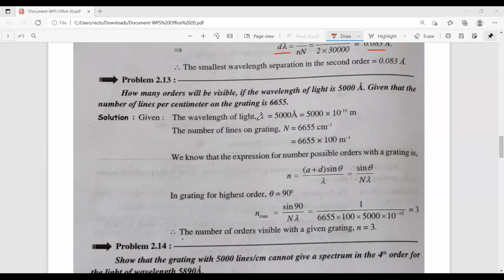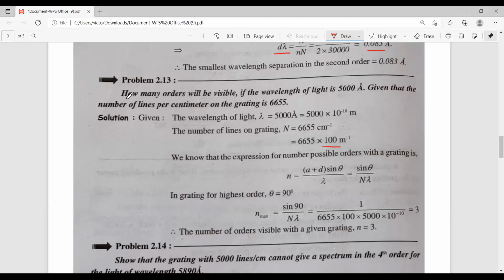The wavelength of the light lambda is equal to 5000 angstroms, so 5000 into 10 power minus 10 meters. And the number of lines per centimeter is given: 6655. Now multiply with 100 and we get the value in meters.